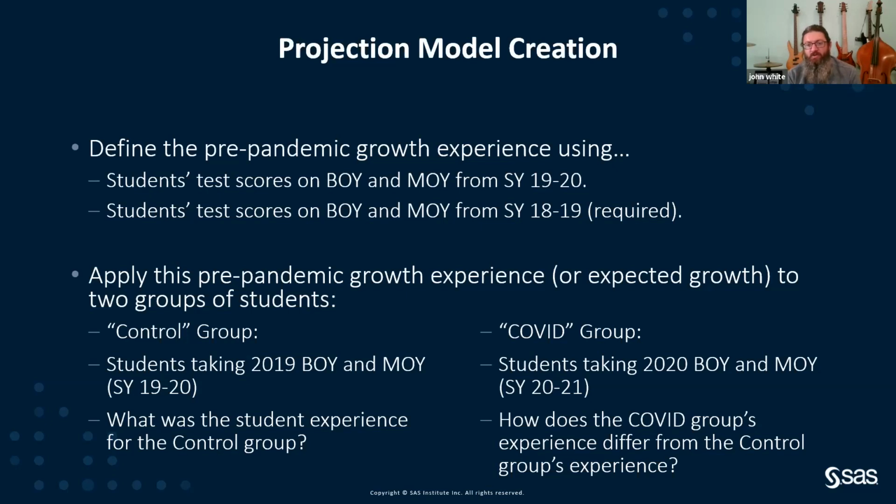So it allows us to create these expected scores. We do this for two different groups of kids. One is our control group, which is really what the model is based on. These are the students that actually took the 2019 BOY or MOY in the 19-20 school year. So that's the same group as we're defining up above.